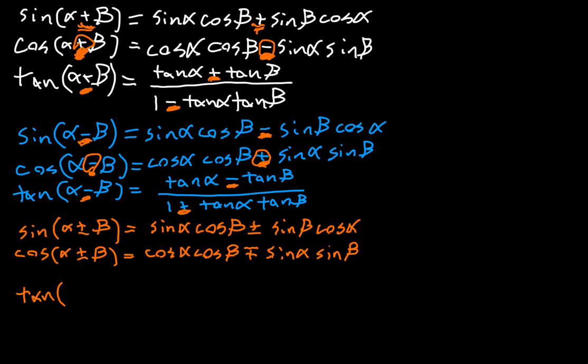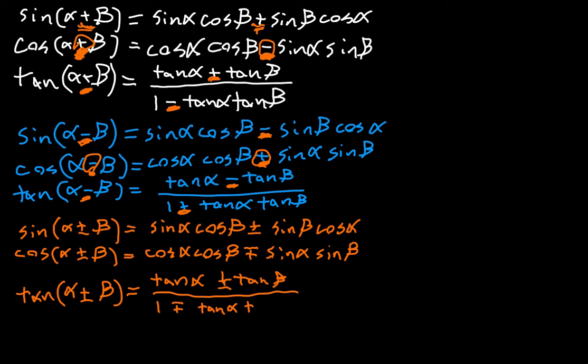The tangent of alpha plus or minus beta is going to be equal to tangent of alpha plus or minus tangent of beta, because this is a combination, divided by 1 minus or plus tangent of alpha times the tangent of beta. And you'll notice that that works out as well.